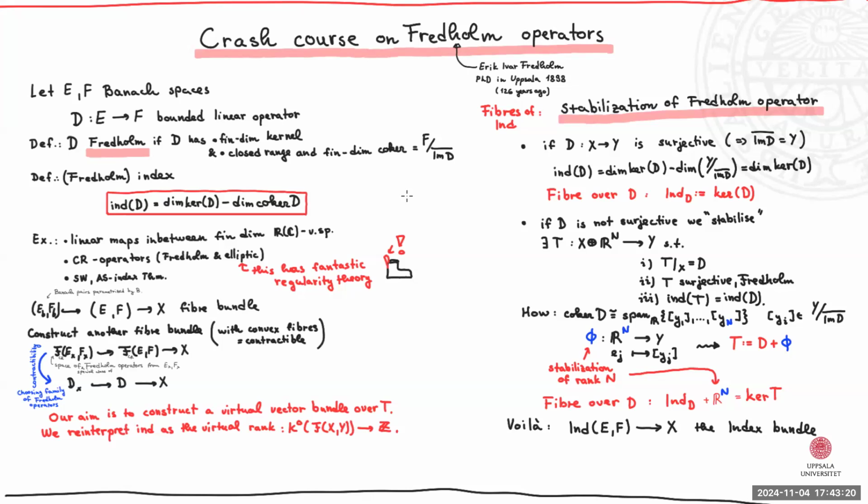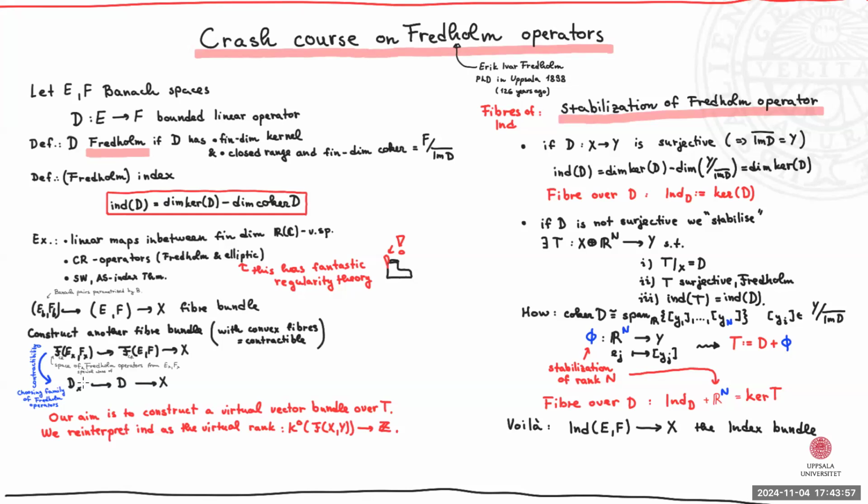We pick X to be a nice base, for example a finite CW complex, and a fiber bundle whose fibers are Banach space pairs. We construct another fiber bundle with convex, hence contractible, fibers, which are spaces of some special Fredholm operators between those two Banach spaces.